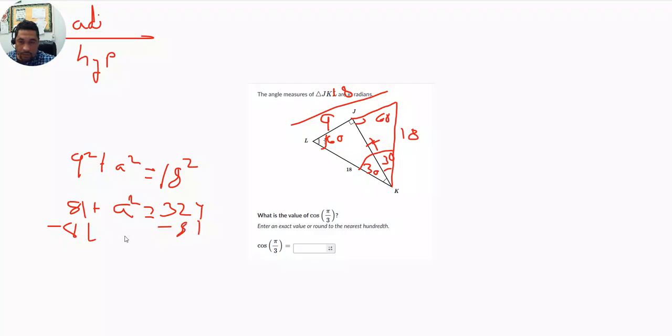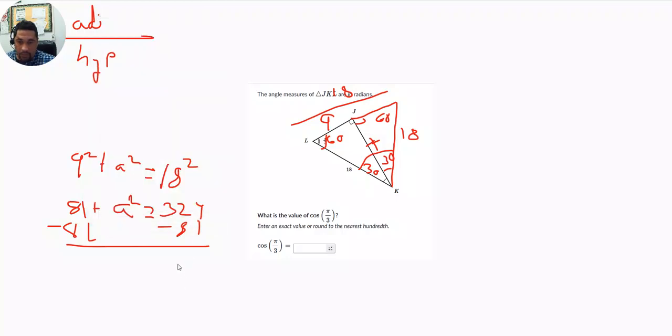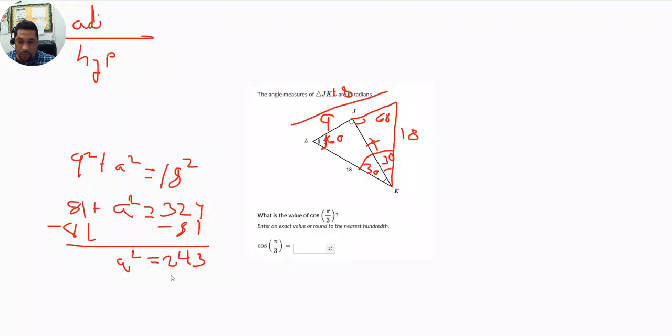When we subtract 81 from 324, we get 243. So a squared equals 243, and a is root 243.